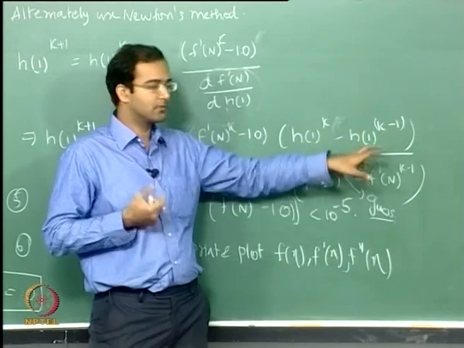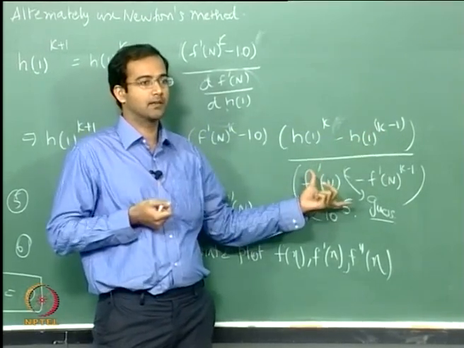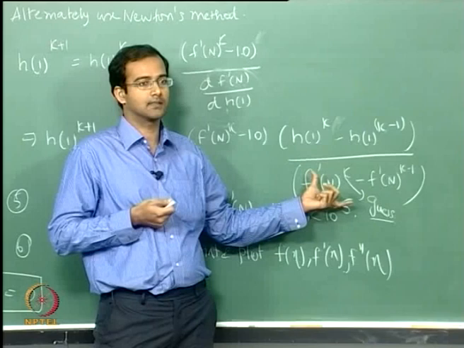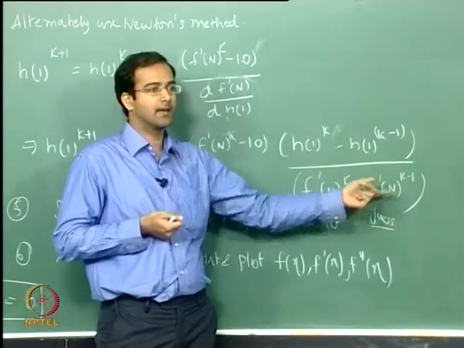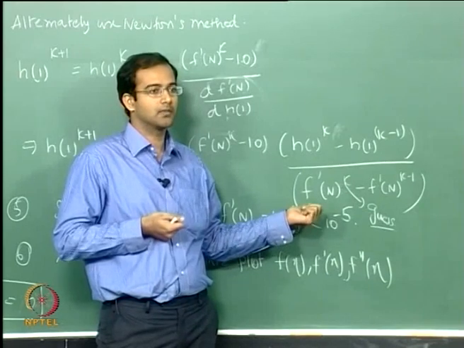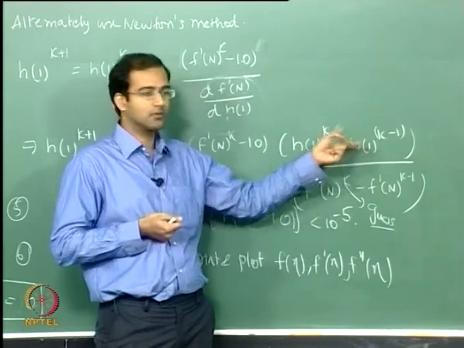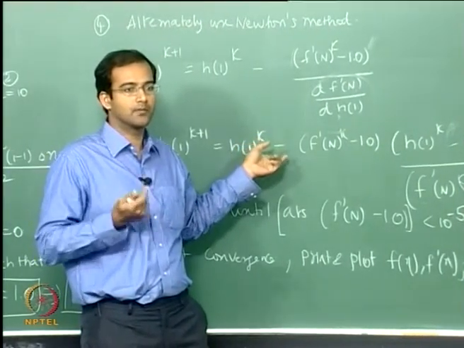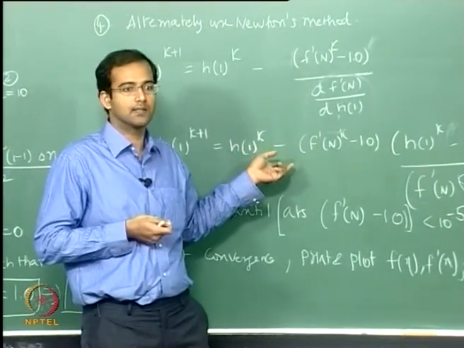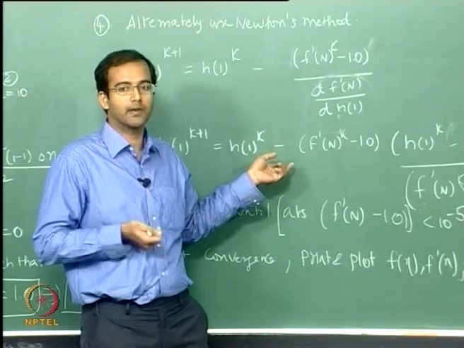You need two wild guesses because you need this particular df by dh. Therefore you first give two wild guesses and take the difference in the values of f of n corresponding to those two wild guesses. From the third guess it's not wild anymore, so you use this and calculate a more appropriate guess value.